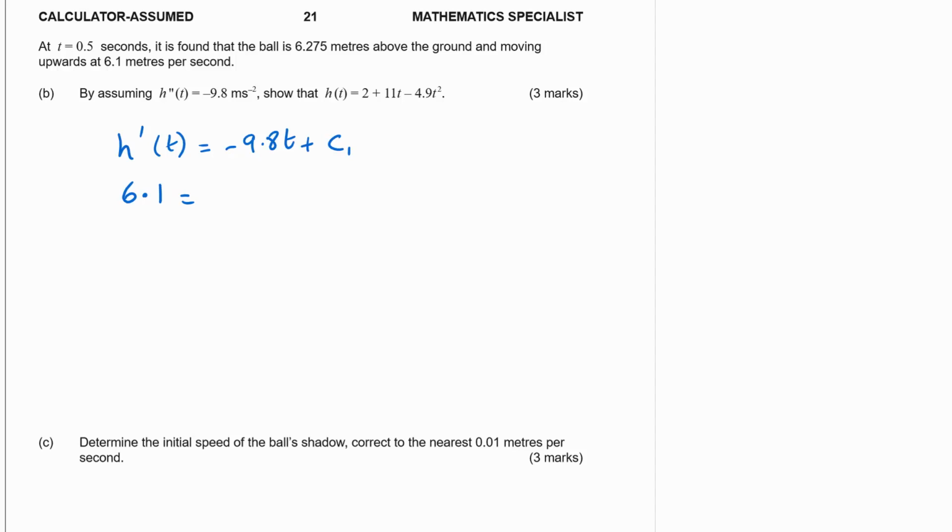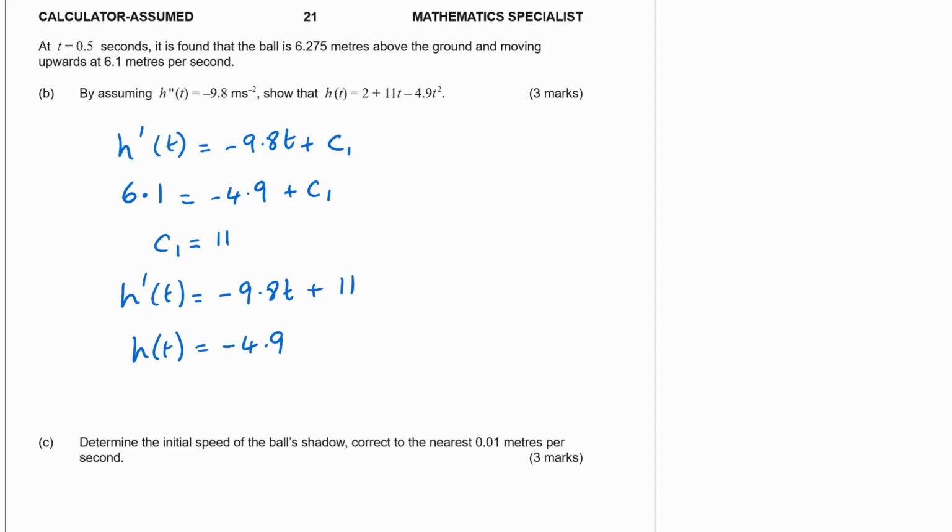When t is 0.5, so this will be negative 4.9, and that's plus c1, and that gives us c1 is 6.1, add 4.9, which is 11, and therefore h dash t is negative 9.8t plus 11. Integrating again, we get negative 4.9t squared plus 11t plus c2.